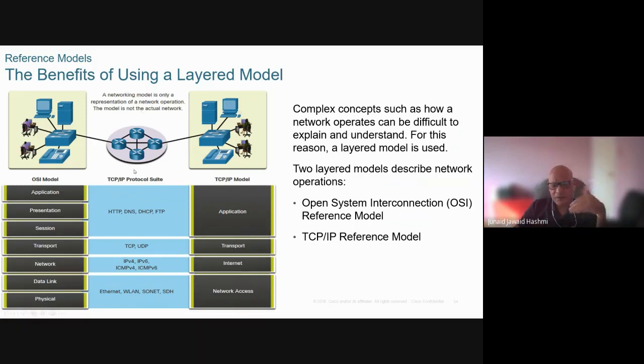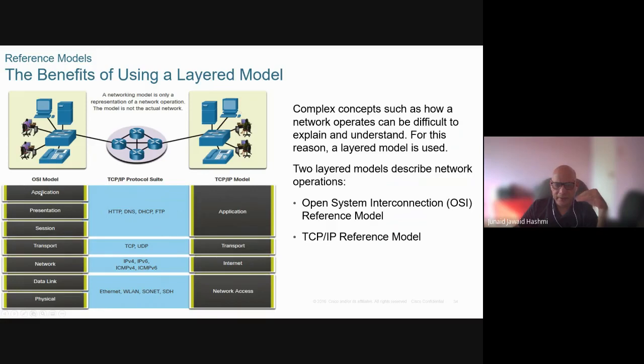Now, since the popularity of the internet, they modified the OSI layers, and they call it the TCP/IP model. What they have done is they did not add anything new or any newer layer. They just combined some of the OSI model layers into one layer.